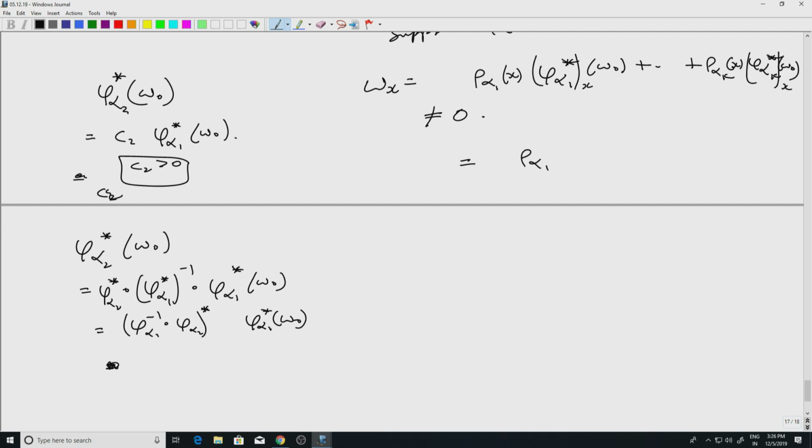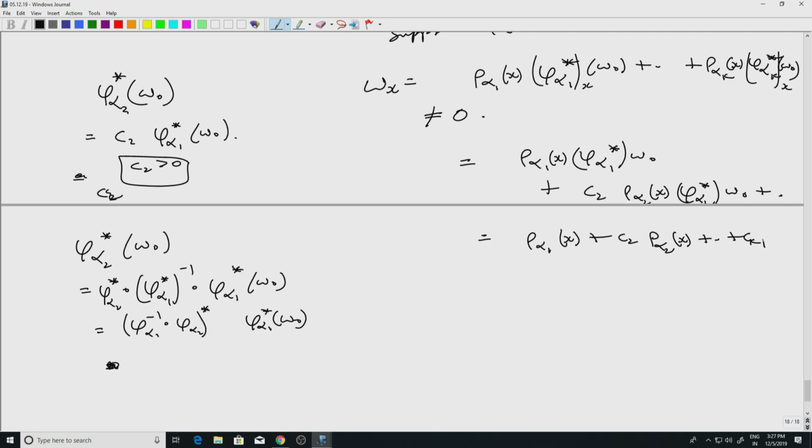The first term I keep as it is, phi alpha 1 star omega naught, plus c2 times rho alpha 2 x, again the same term, and so on. So finally, I'll end up with rho alpha 1 x plus c2 rho alpha 2 x, dot dot dot, plus ck rho alpha k x, whole thing multiplied by phi alpha 1 star omega naught.